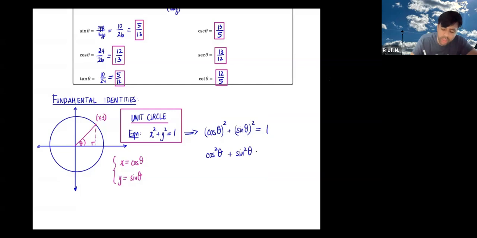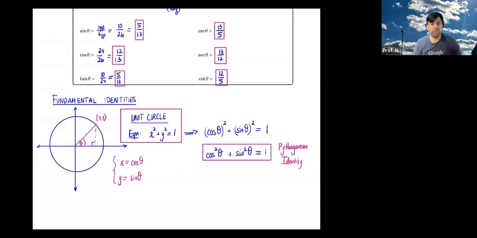It means that you're squaring cosine of theta. And this, my friends, is the well-known Pythagorean identity. An identity is something that is 1000% true. It's a true equation, and it's true irrespective of whatever angle you plug in.